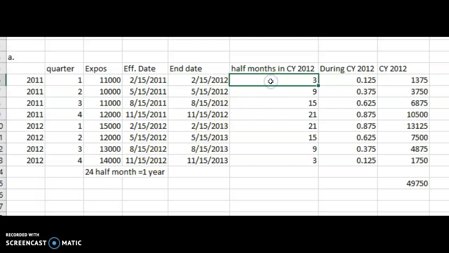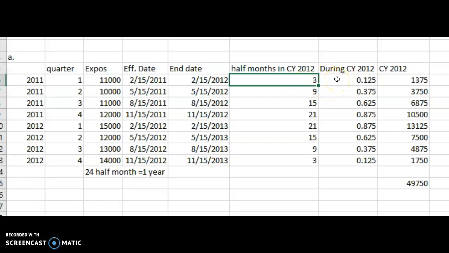So if we use half month as a unit, we will get 3 units for the first policy. And since it is an annual policy, which is a 1 year policy, there are 24 half months in one policy.